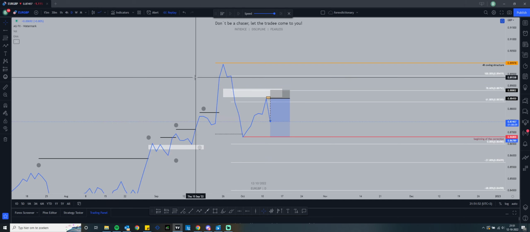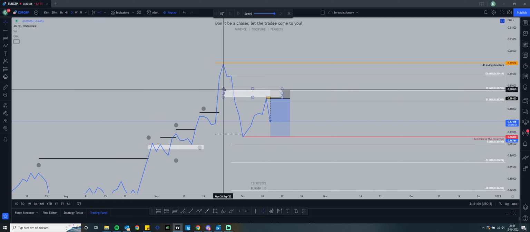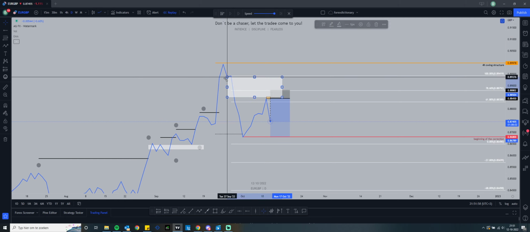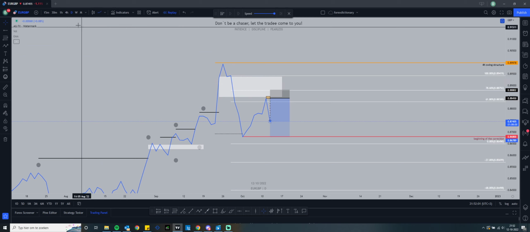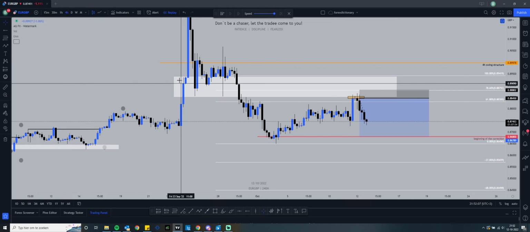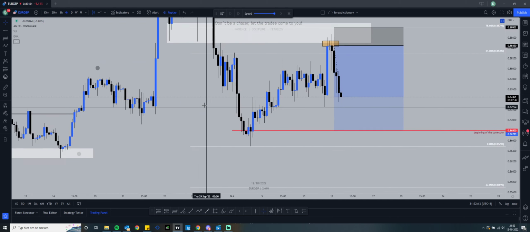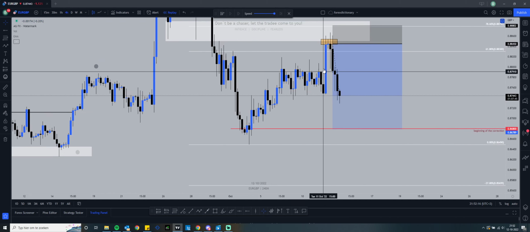You can do this as I just showed before, and then you would have had your zone all the way up here. That's a little bit big for my preference, which is why I refined the zone on the 4 hour. So on the 4 hour, I made it like this. Price came back.